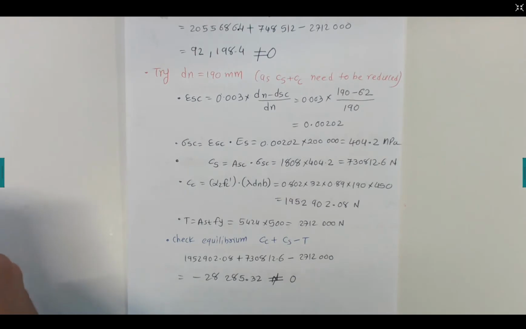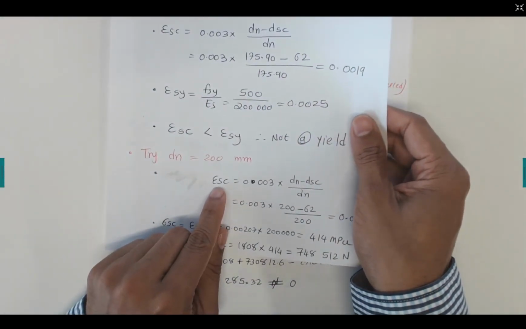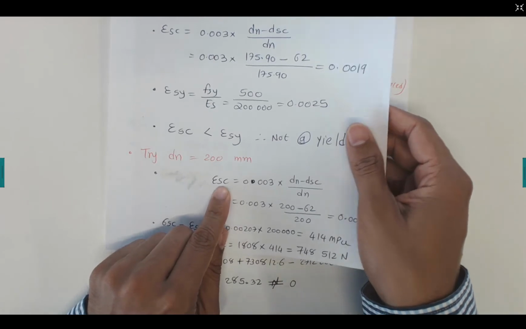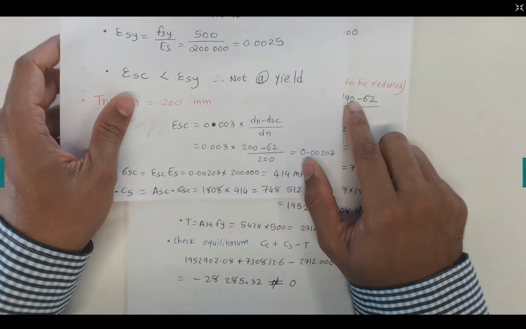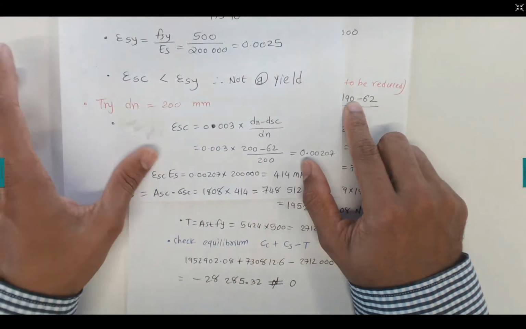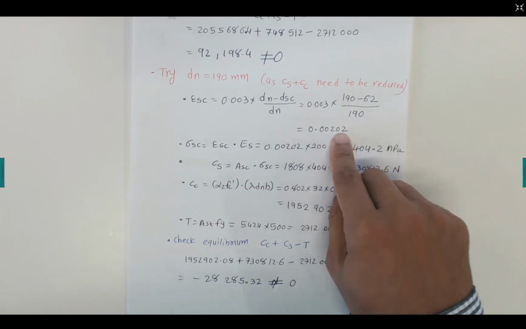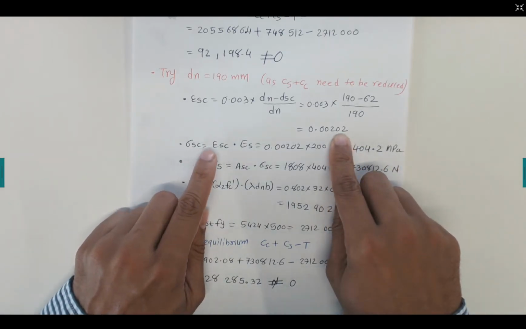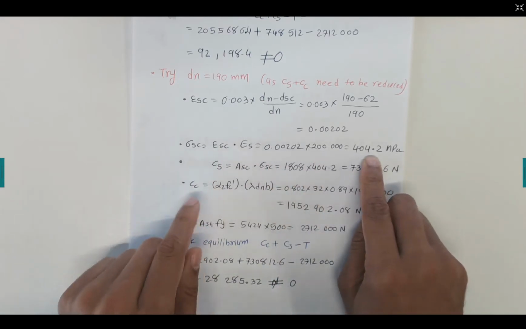Now we are following the same steps. First calculate the strain in the top reinforcement, the compression strain, just replacing the DN value by 190. In the previous step we had 200, and all other parameters are the same. Compression stress is the strain times the Young modulus, which gives us 404.